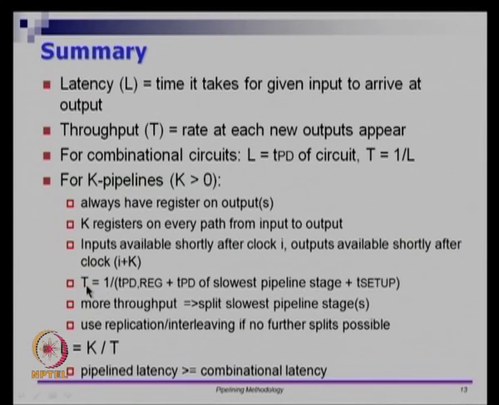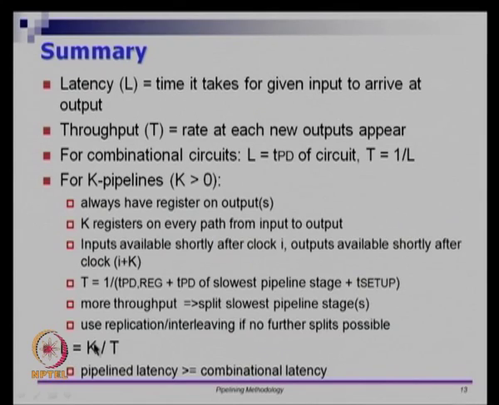The clock period that you can use is the propagation delay of the slowest pipeline stage plus the setup time, and the throughput is 1 over that. More throughput means we have to split the slowest pipeline stages. Unless you split the slowest pipeline stage, we will not be able to get more throughput. You can do that by either replicating or by interleaving if no further splits are possible.